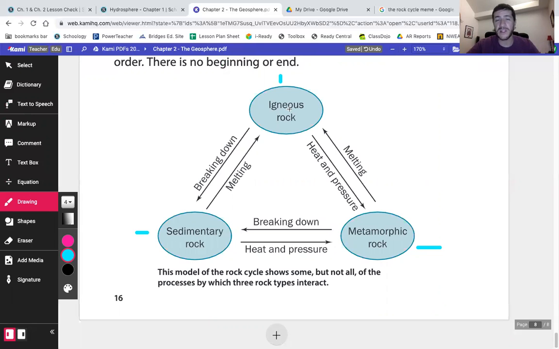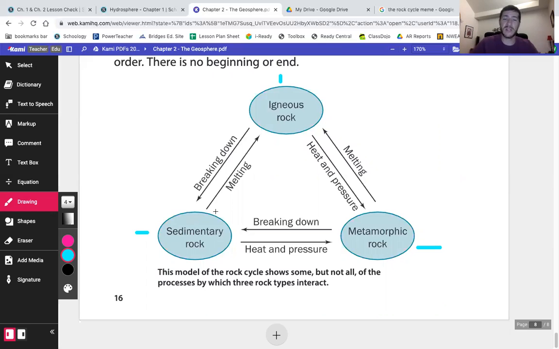An igneous rock can turn into sedimentary by breaking down into smaller pieces. So if it breaks down into smaller pieces, it turns into sedimentary rock, unless the sedimentary rock decides to melt, really hot with lots of pressure, and then sedimentary rock melting down goes back to igneous.